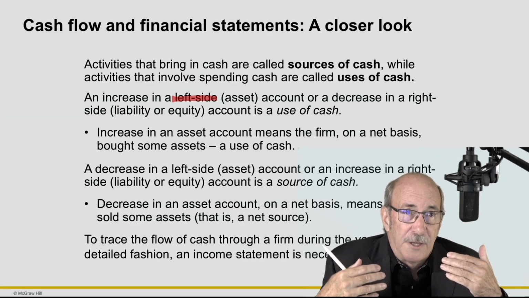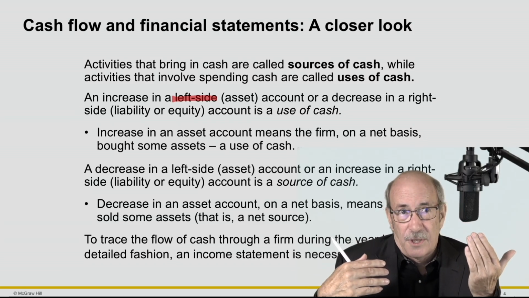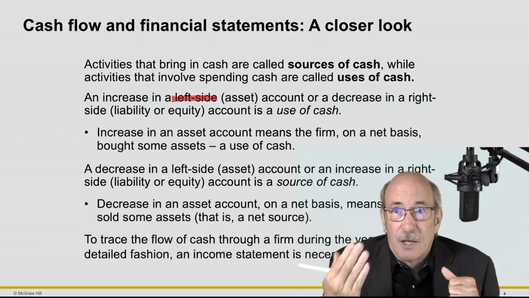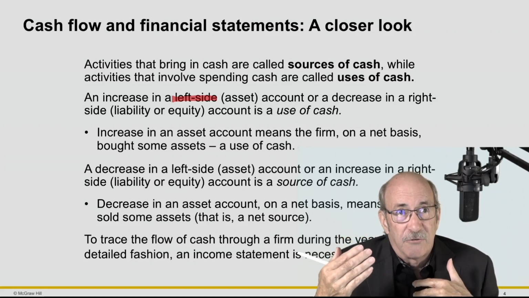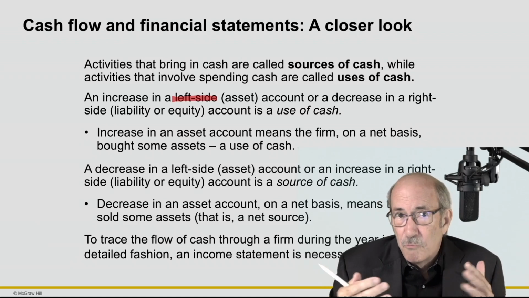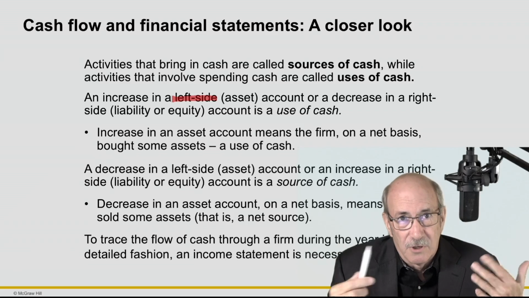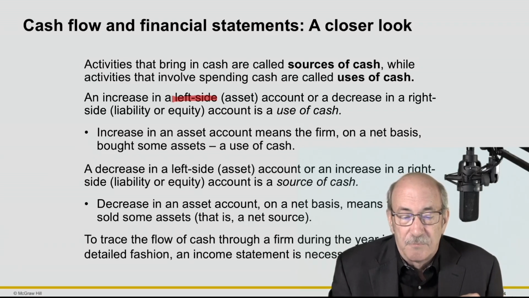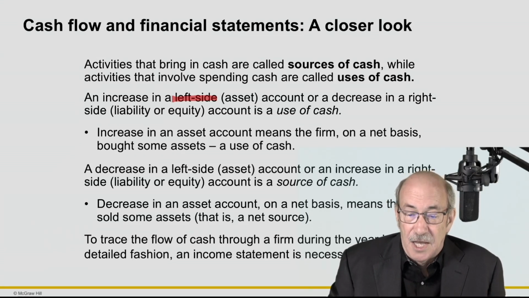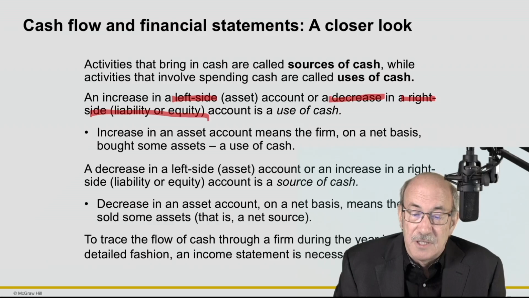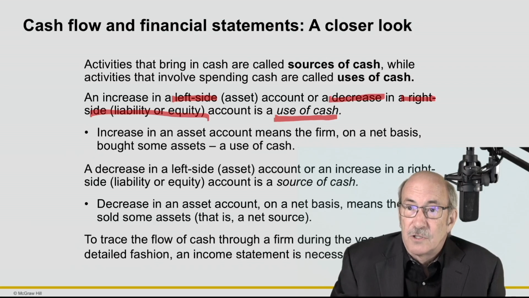You can think of the left-hand side as the things that the firm owns, and the right-hand side as the sources of the cash, though we can actually have sources on the left-hand side too. If we sell assets, that creates cash inflow. But nevertheless, when we increase the left-hand side of the balance sheet or decrease the right-hand side, the liabilities and equity side, that is typically a use of cash.